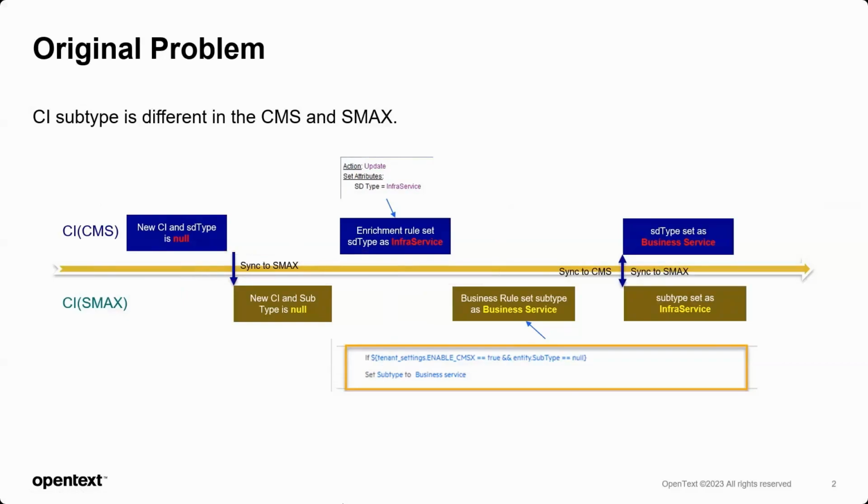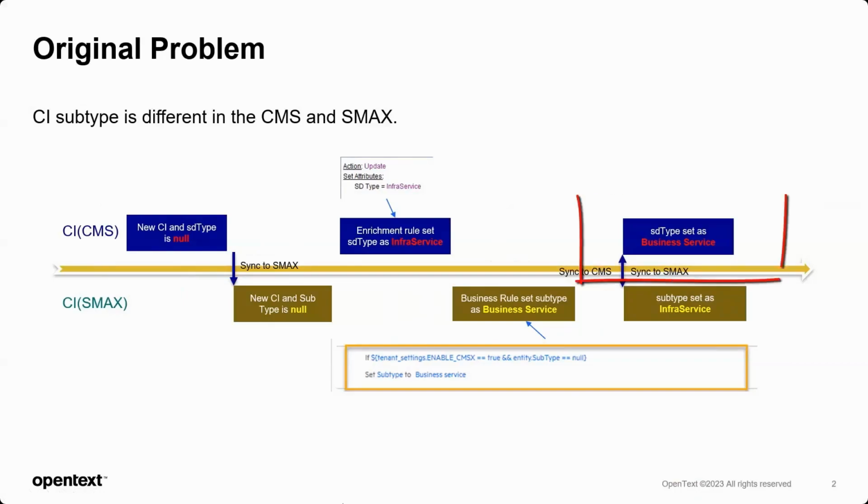A similar thing happened. We have some out-of-box business rules to support this subtype in SMAX. When the rule triggered, we noticed the CI subtype was changed from null to business service in the SMAX. The issue occurs, and those two changes are synchronized to the other side.